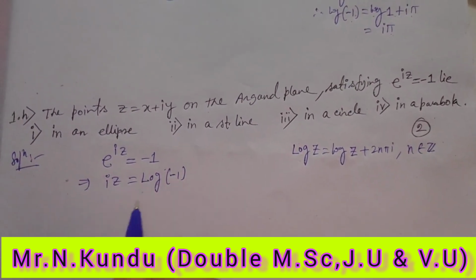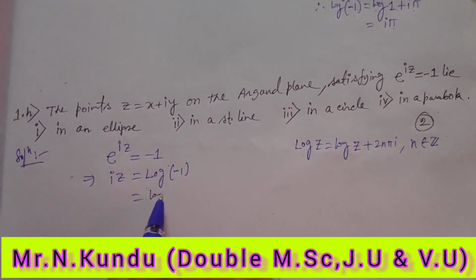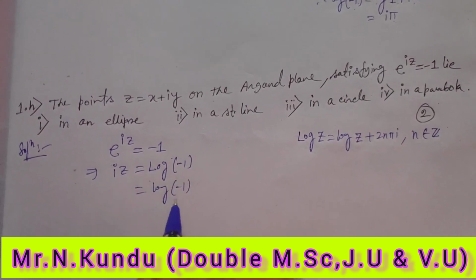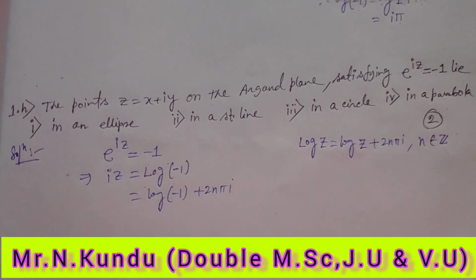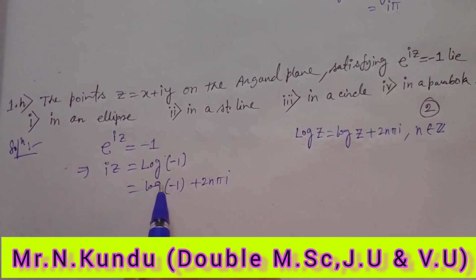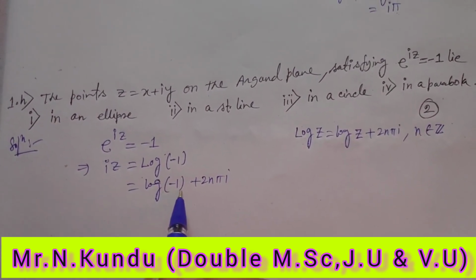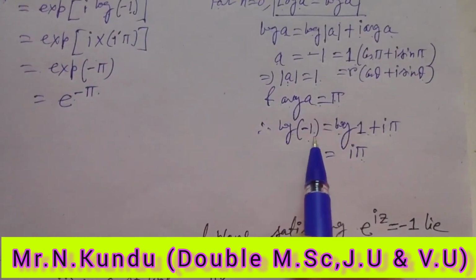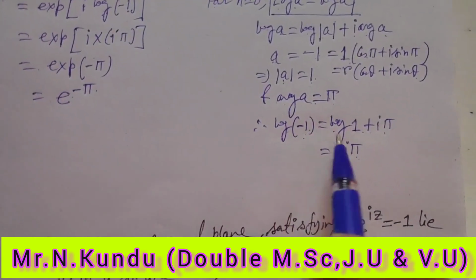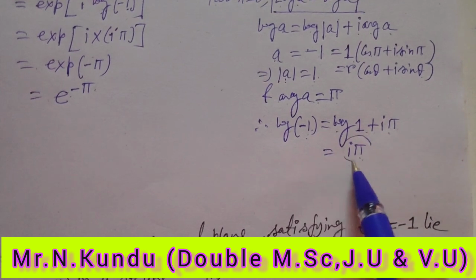So the logarithm of minus 1 is equal to the principal value of log of minus 1 plus 2n pi i. In the previous sum we calculated the log of minus 1, which is i pi.